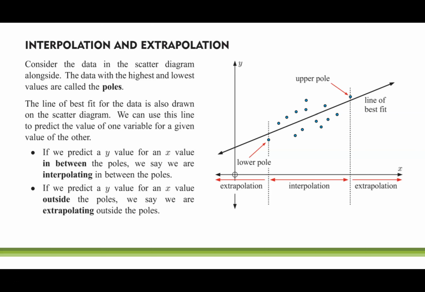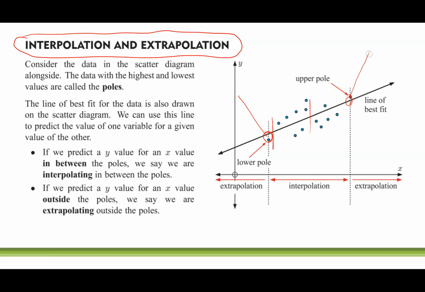Now, I know we've had this discussion before, but I just want to go back again and don't want anyone to miss this. The line of best fit is typically used to understand what's happening at places where data doesn't itself exist, in the gaps or all over the place. If you are trying to use the line to work out what's happening between the lowest and highest point in a data set, that's called interpolation.